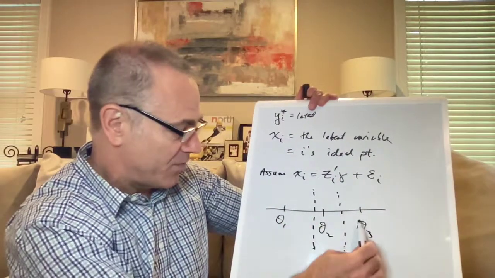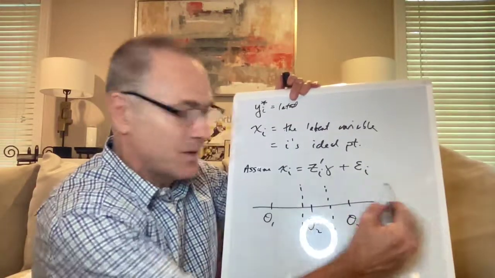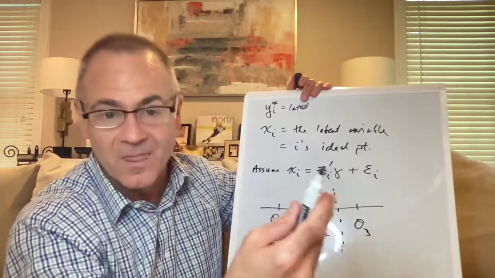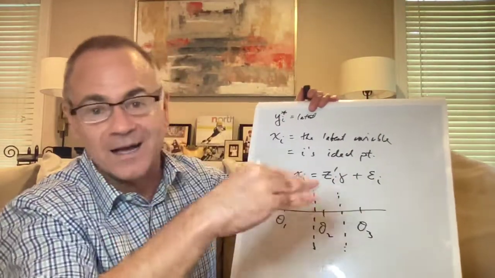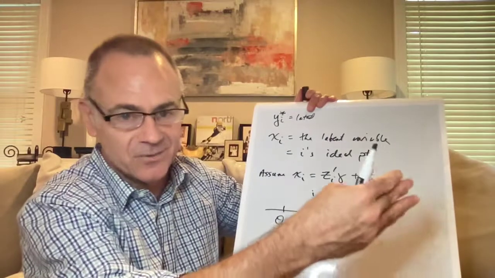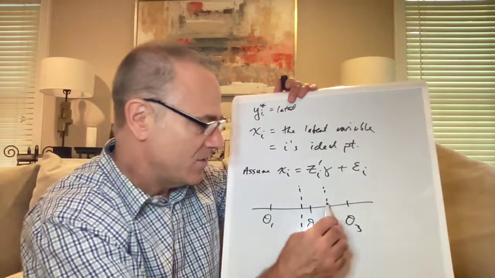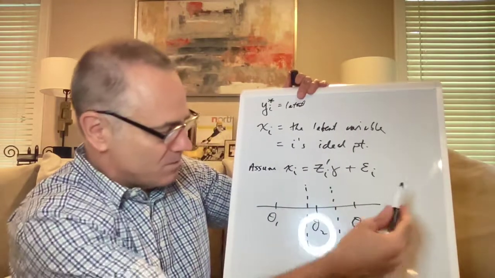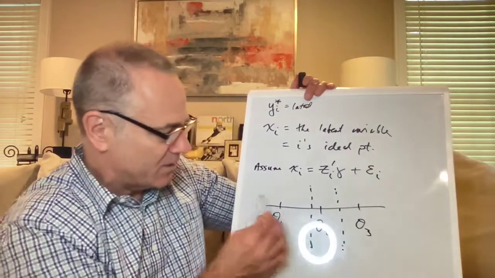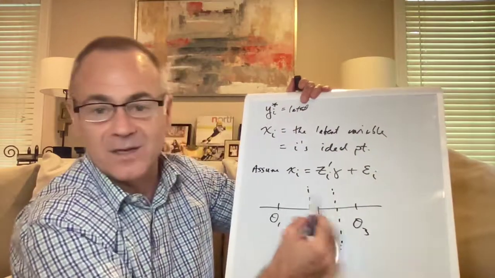So if you vote for theta 3 on that first vote, that means your xi's got to be bigger than that. Remember in the probit, we said if you vote yay, then your yi star has got to be greater than 0. Here, if you vote yay on this one, your xi has got to be bigger than that. If you vote nay on both of them, your xi has got to be over here. And if you vote yay on one, nay on the other, your xi has to be in there.